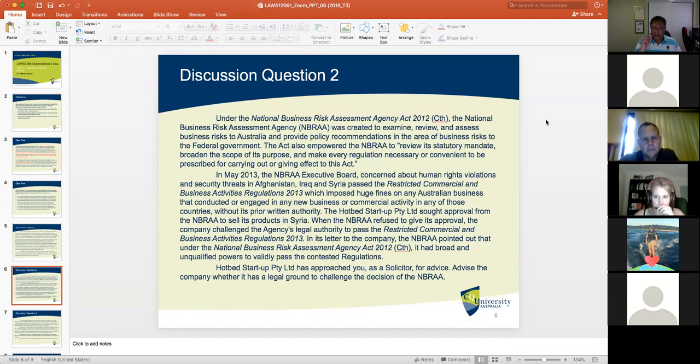And it is always open to the judiciary, in an application for judicial review, to examine the legality of executive decisions.